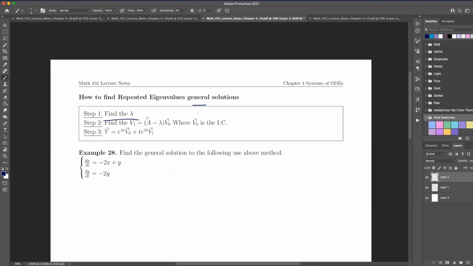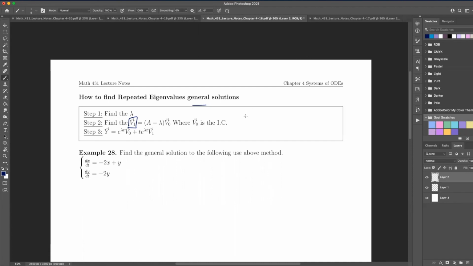So we're going to find the eigenvalues, and then we're going to find a V1. We're going to find this V1 by doing the following. We're going to take A minus lambda times V naught, where V naught is whatever the initial condition is. And then our solution is e to the lambda t, whatever my repeated eigenvalue is, times V naught, where V naught is our initial conditions, plus t e to the lambda t times V1.